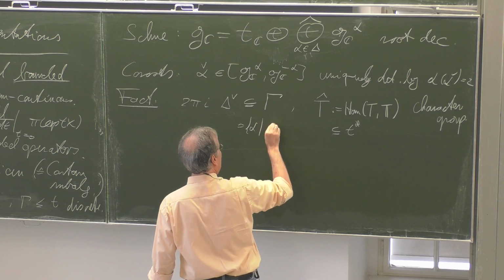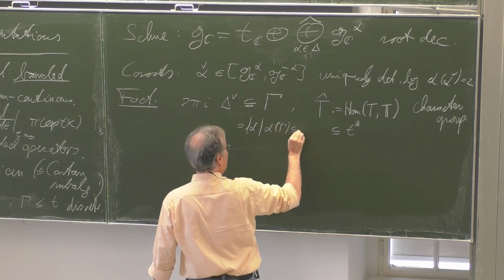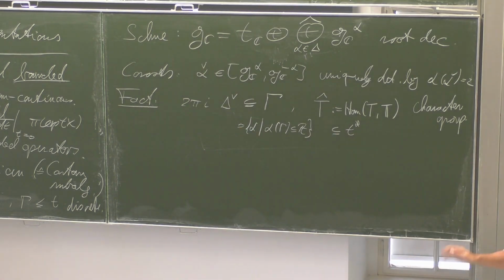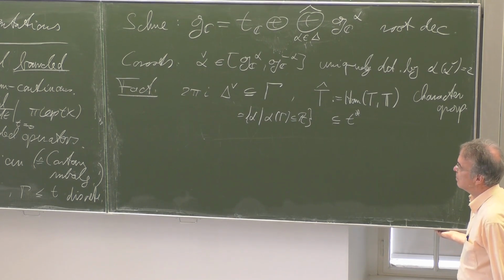This, or alpha, the values in gamma are something like that. I mean, we can always play around with 2 pi factors here, but that's much the point.